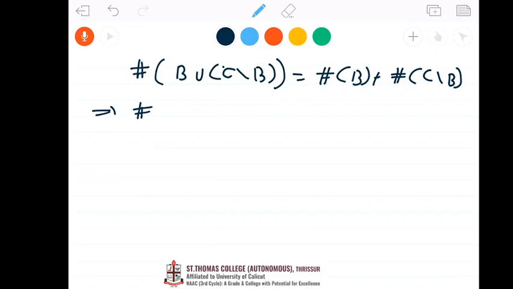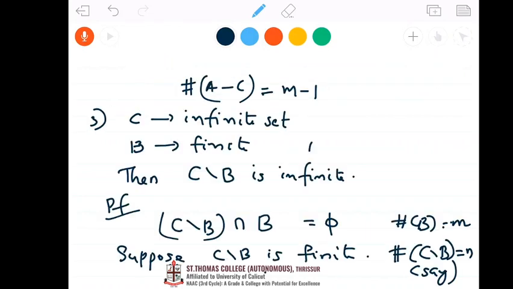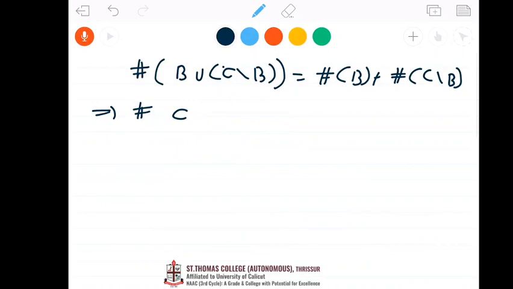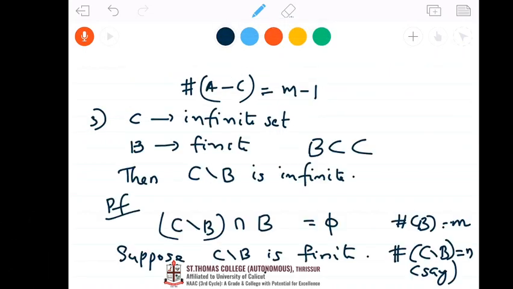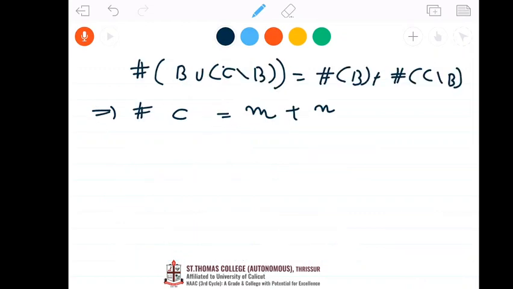B union C minus B is C, since B is a subset of C. I have said that, but I haven't written it here. So number of elements in C is equal to number of elements in B plus number of elements in C minus B. So C contains m plus n elements, but we are given that C is an infinite set. If C contains m plus n elements, it is a finite set.